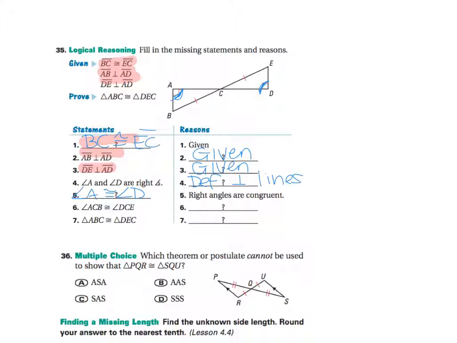ACB is that angle there. And DCE. So they're our vertical angles. And I have angle, angle, side.